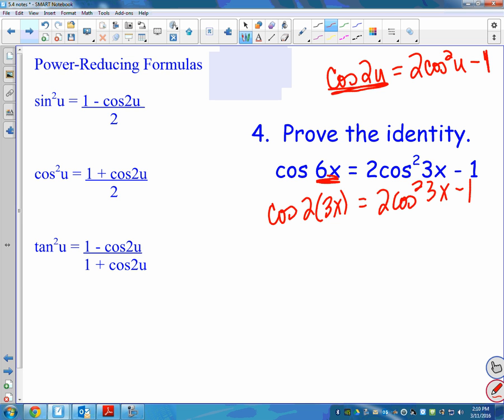So it's just changing it. 2 cosine squared 3x minus 1 equals 2 cosine squared 3x minus 1. So I don't want you to think that there always should be that much to an identity proof. Sometimes with these ones at the end of the chapter, it's more about recognition.